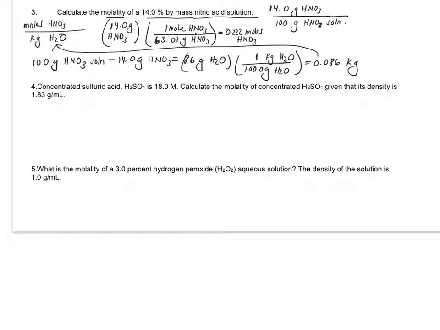So I have my moles over my kilograms. I have 0.222 moles of nitric acid, and I'm going to divide by 0.086 kilograms. So that ends up being 2.6 molal as the solution concentration.